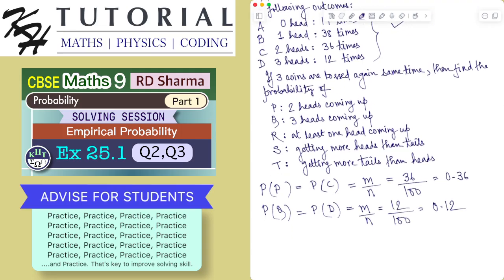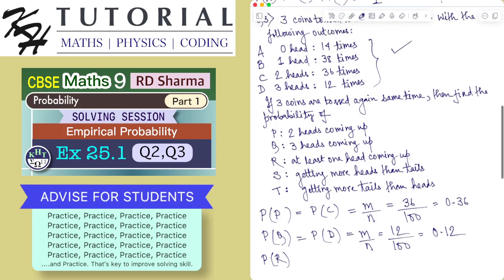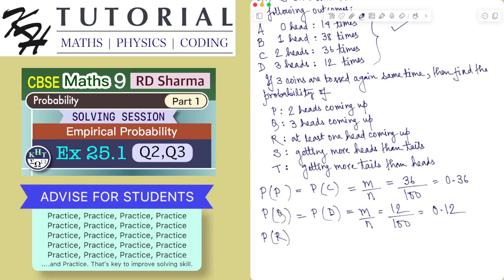Let's see probability of R. What is R? The event at least 1 head coming up. Now at least 1 head coming up means 1 head can come up, 2 heads can come up, and 3 heads can come up. So the probability of R will be the sum of the probability of 1 head coming up, the probability of 2 heads coming up and the probability of 3 heads coming up.